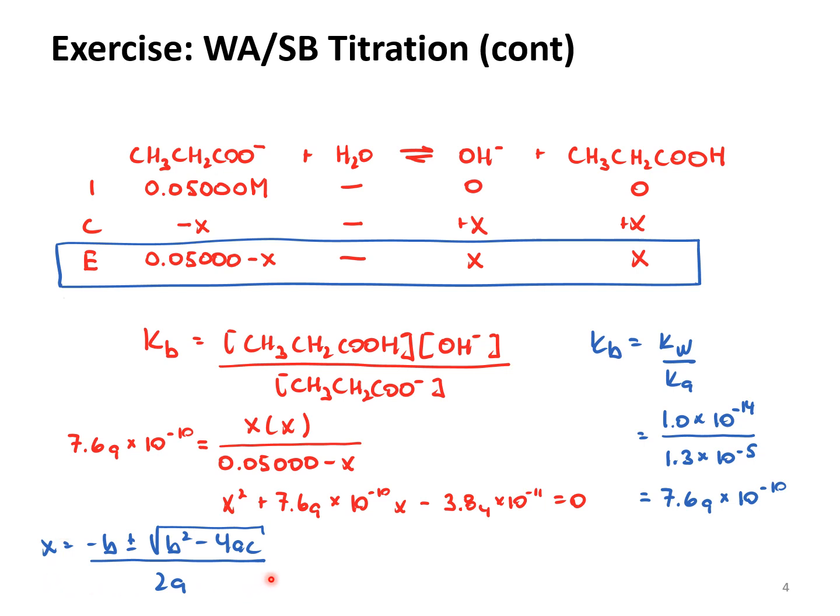And substituting this into your calculator gives us a value of X equals 6.19 times 10 to the minus 6. Now, if we want to calculate the pH, we should recognize from the ICE table that X is the equilibrium concentration of hydroxide, because this is the species that will help us to calculate the pH.